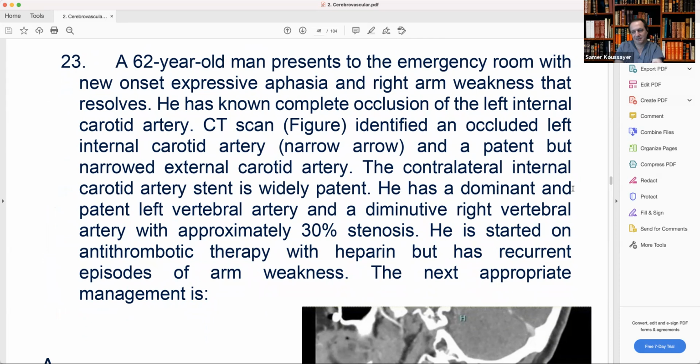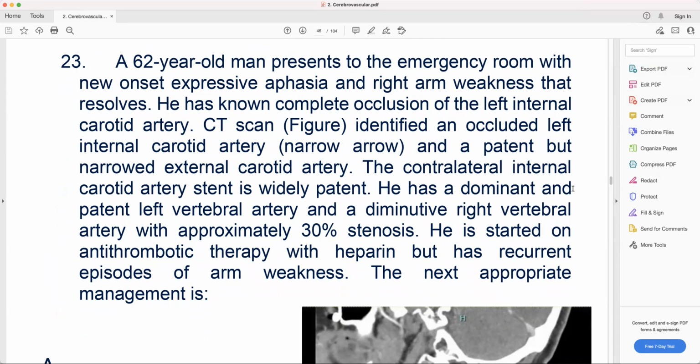A 60-year-old man presents to the emergency room with new onset expressive aphasia and right arm weakness that resolved. The CT scan identifies an occluded left internal carotid artery and a patent but narrow external carotid artery.